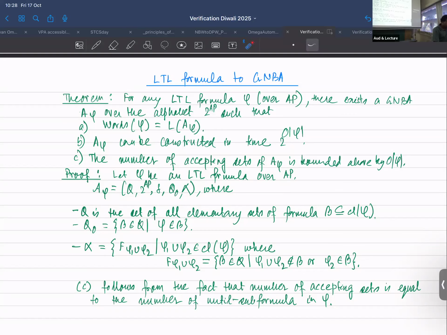And we are going to see the number of accepting sets. So once again, we define the accepting sets. It will be clear that the number of accepting sets is bounded above by a size which is linear in phi. Okay, so once we see the definition of alpha, essentially it's saying that the number of sets in the GNBW is bounded above by something linear in the size of the input formula.